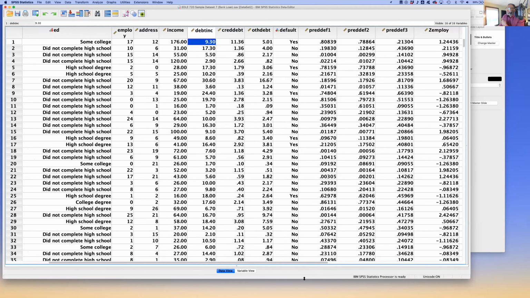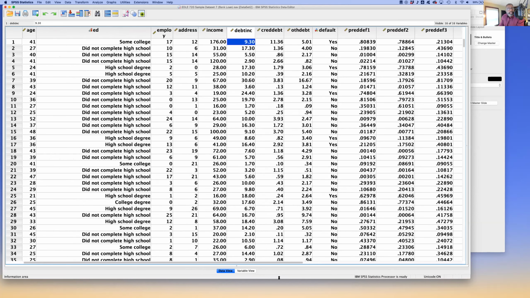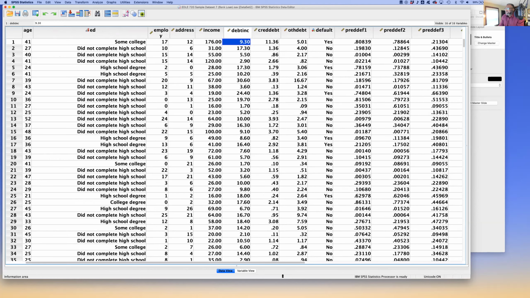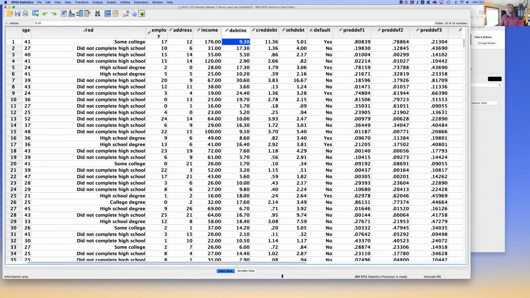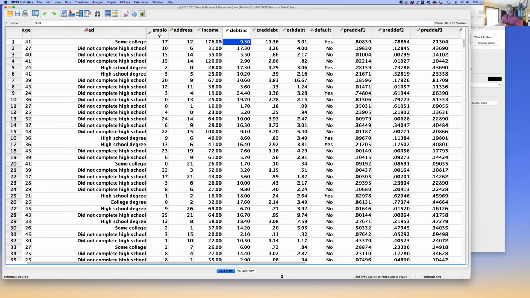Their debt to income ratio is not horribly high, and they're making very, very good money. So they've paid their bill and they've gone to college, right? So they have some college experience. So this person on paper looks really good. And so my assumption, taking a look at these data points, is that this person would be pretty creditworthy.